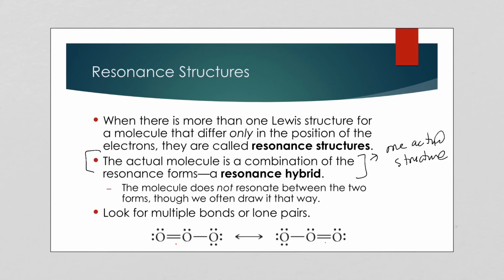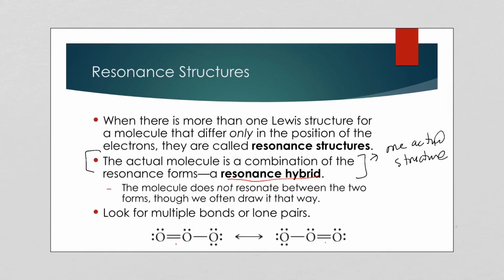And the key is, which of these is the real structure? Well, a combination of these structures is the actual structure, what we call the hybrid or the resonance hybrid. But again, the structure doesn't change, doesn't resonate between the two. It is some combination of the two structures.